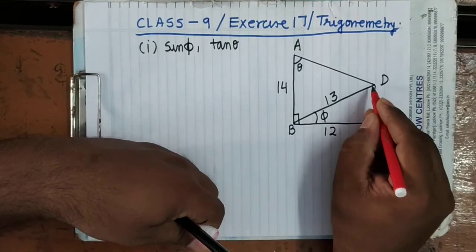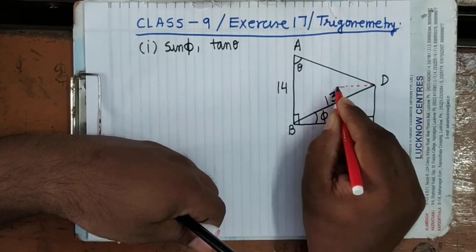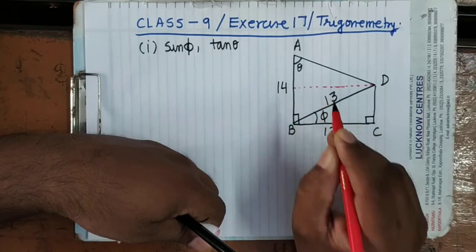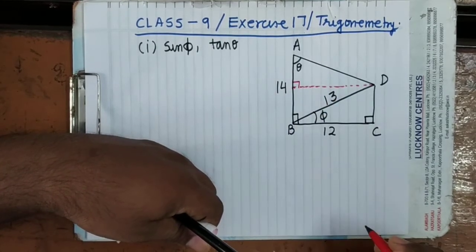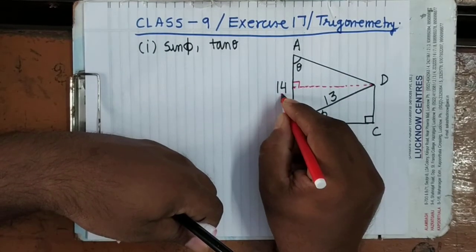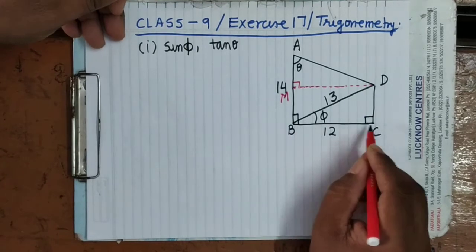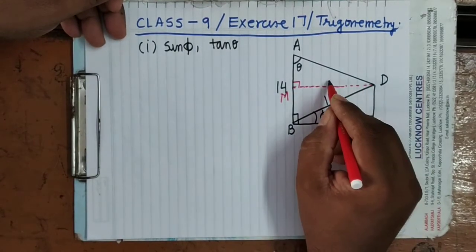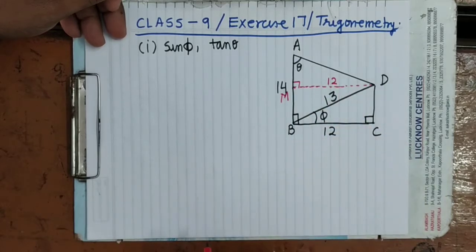From D draw a perpendicular over AB. It is clear? You can name this point M, so DM. See here, BC is 12, so DM will also be equal to 12.